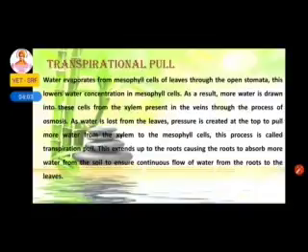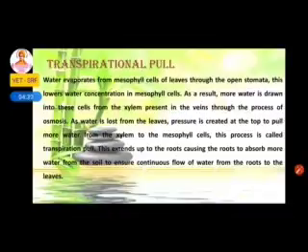Water evaporates from the mesophyll cells of the leaf through open stomata. This lowers the water concentration in the mesophyll. As the water evaporates, there will be no water in the mesophyll. As a result, more water is drawn into the cells from the xylem present in the veins through the process of osmosis.